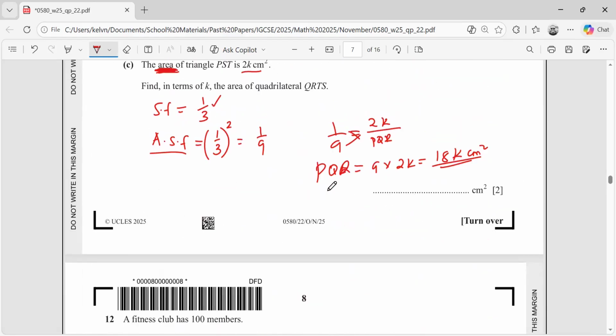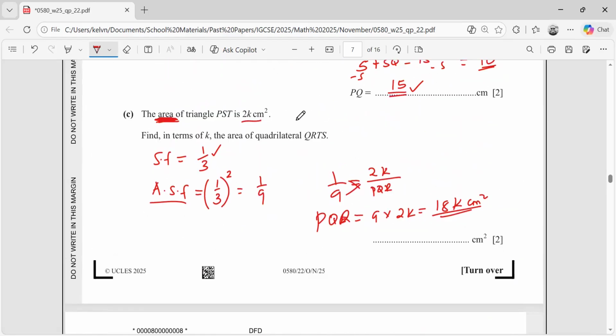We know the area of the smaller shape was 2K centimeters squared, and the area of the larger shape is 18K centimeters squared. So 18K minus 2K gives us 16K. So the area of that shape is 16K.